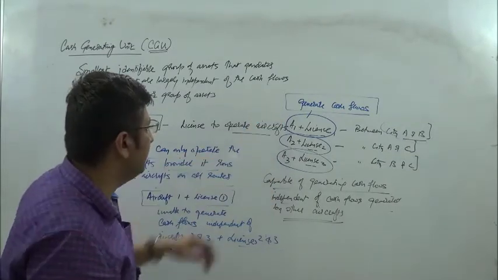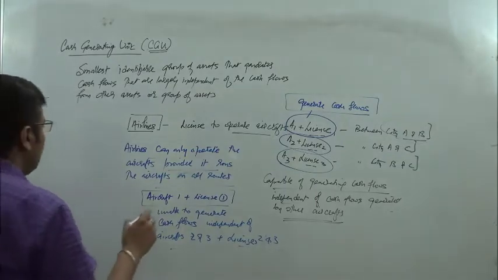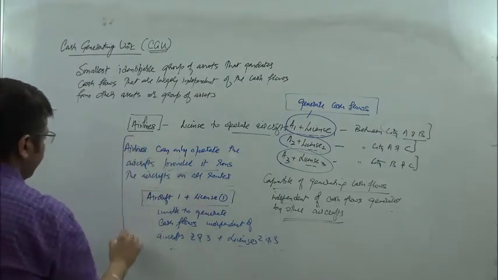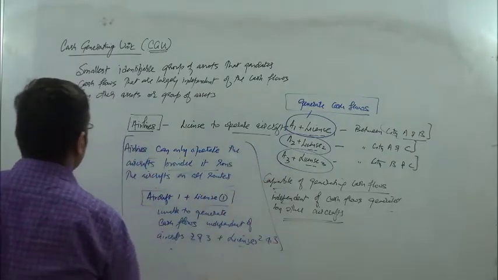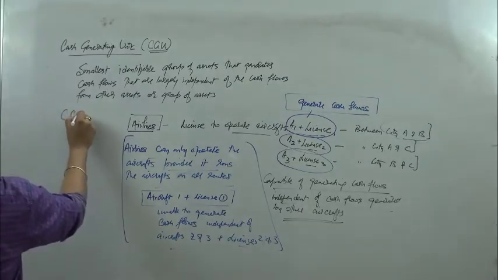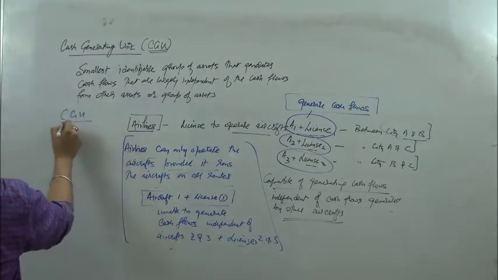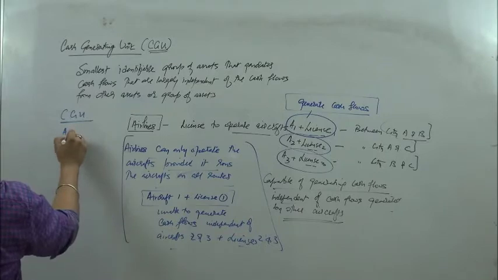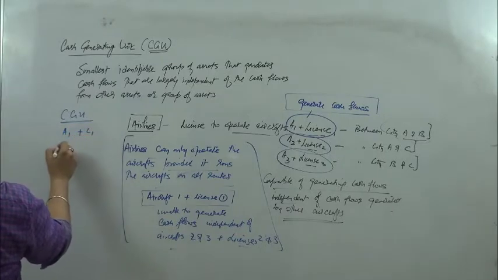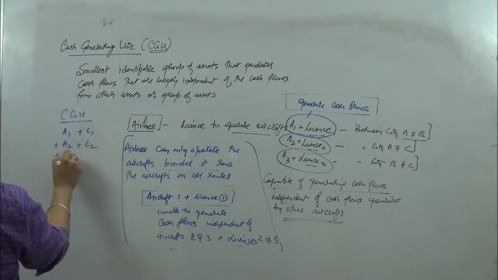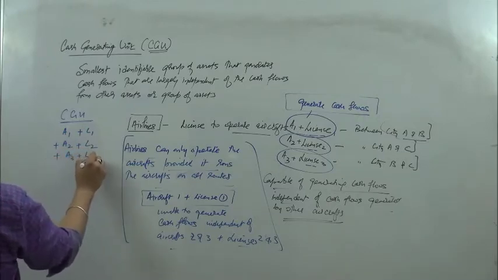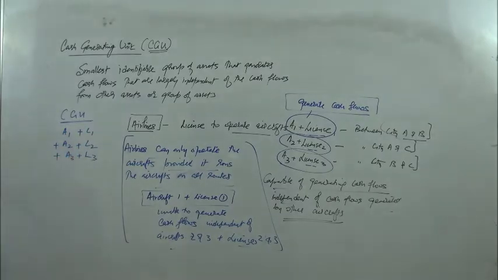That means all the assets together, so my cash generating unit will now comprise aircraft 1 plus license 1 plus aircraft 2 plus license 2 and then aircraft 3 and also license 3, right?